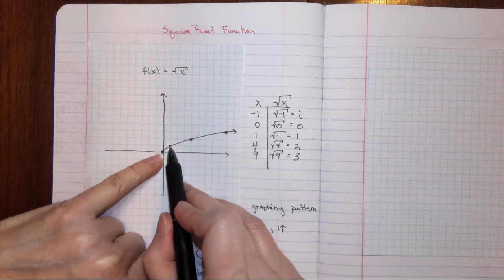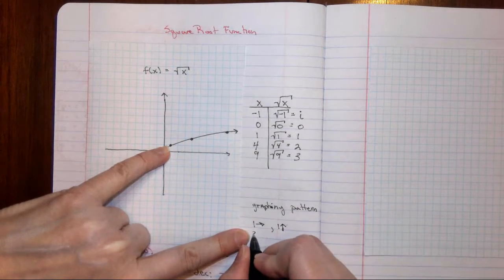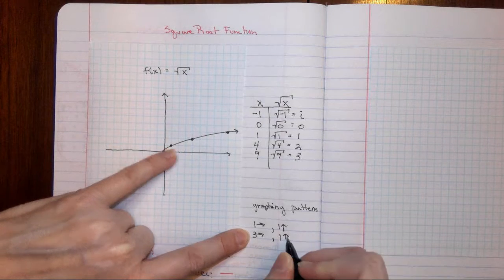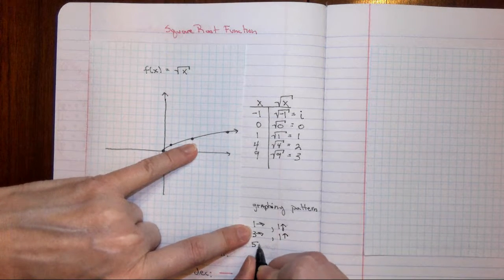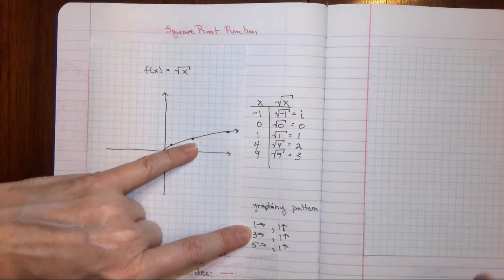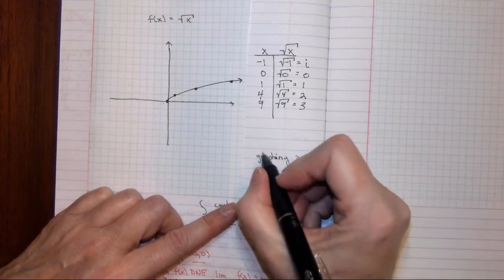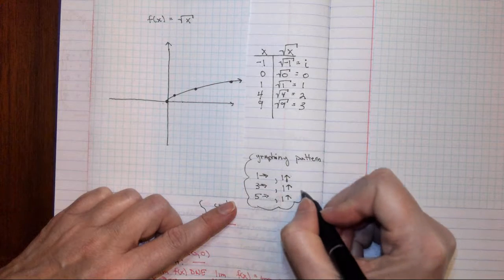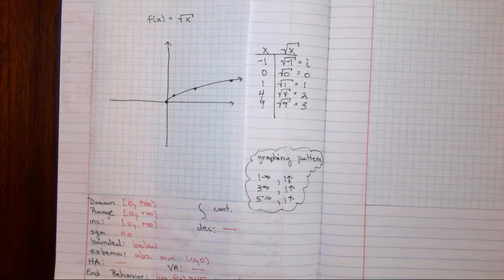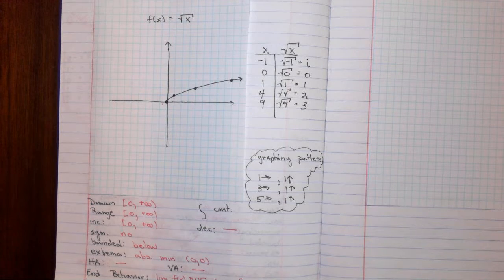Okay, 1 right, 1 up. We're going to go 3 right, 1 up. And then we're going to go 5 right, 1 up. And again, we would use our graphing pattern if we are trying to do some transformations. Otherwise, it's not anything that you need to really hold in your head necessarily, just to be aware.